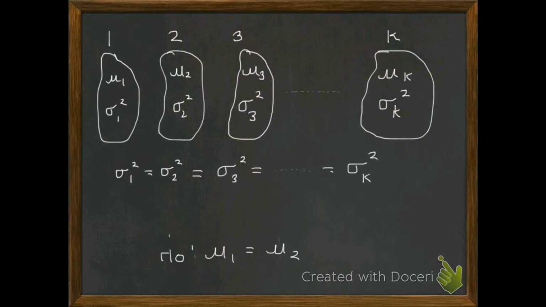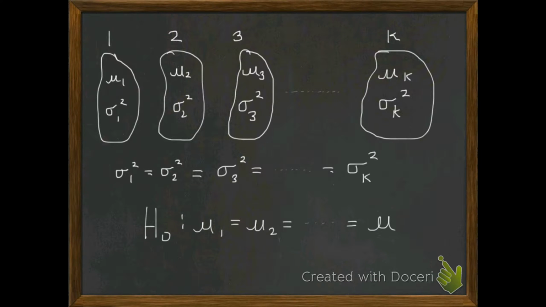In which case, the null hypothesis is that all of the population means are the same, they're equal.